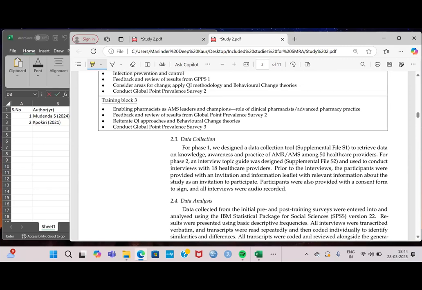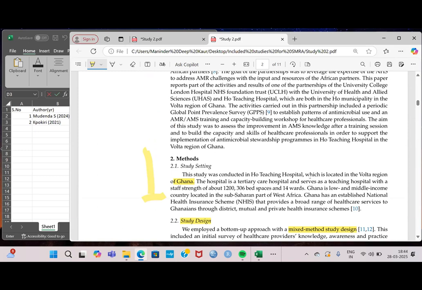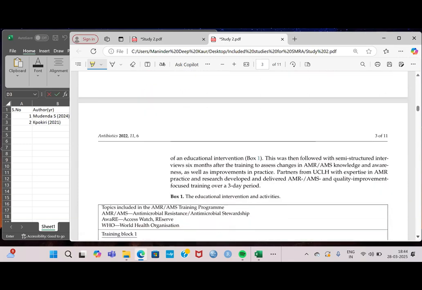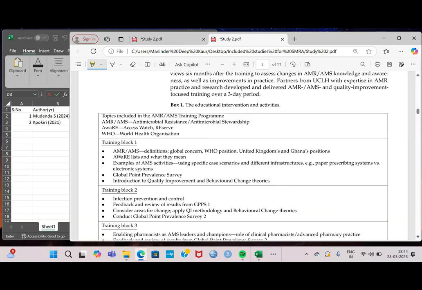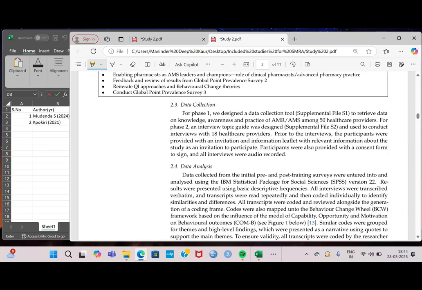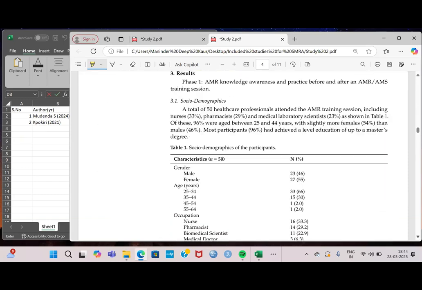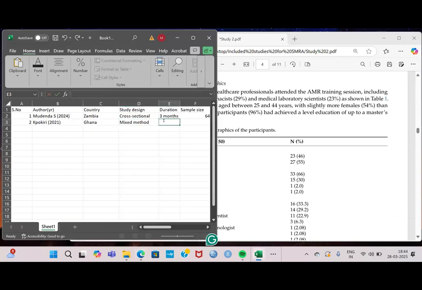Data collection interview guide, no. They have given a training for 3 days, but I want the study duration. Data collection, no. Data analysis, no. Ethical approval, socio-demographic profile, so they have not given it. So I'll put NA.